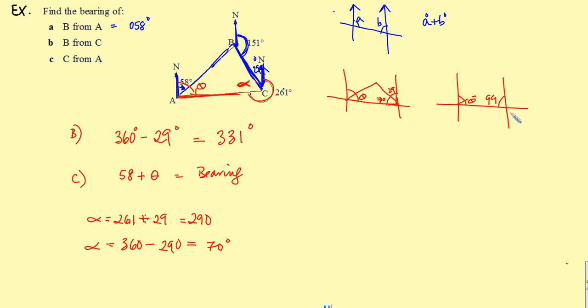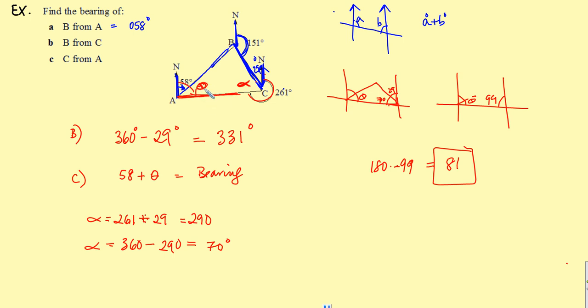Okay, actually, I don't even need to do that, because as long as I know that this angle is 99, I can figure out the entire angle to be equal to 180 minus 99, which is going to be 81 degrees. So I know that the bearing of C from A is a total of 81 degrees.